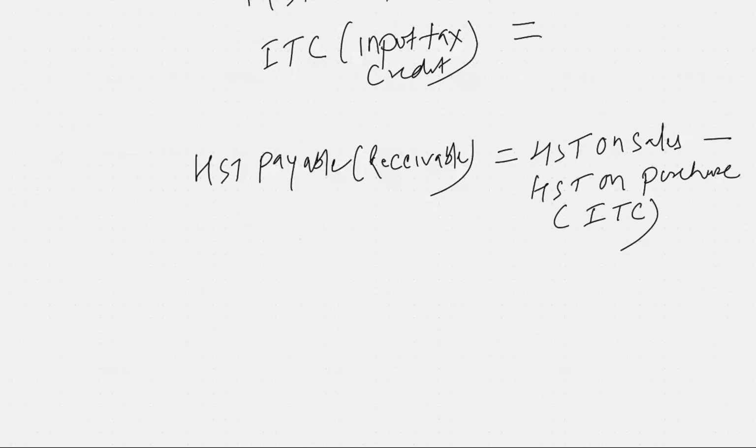When you get a positive number, it will be payable. When you get a negative number, it will be receivable. It depends on whichever value you use first. This is how the normal HST is calculated.